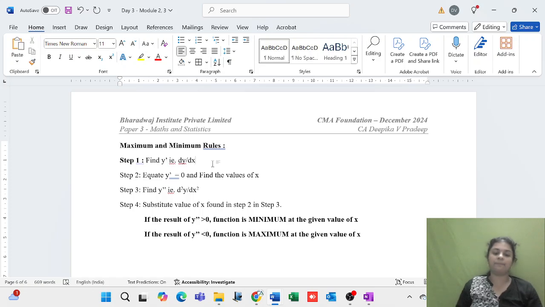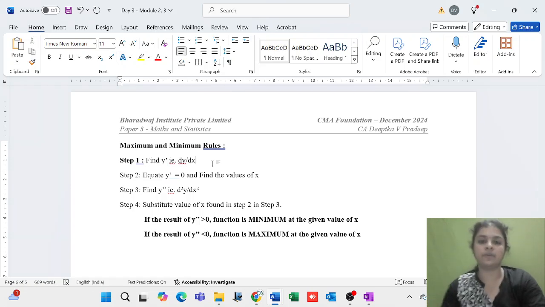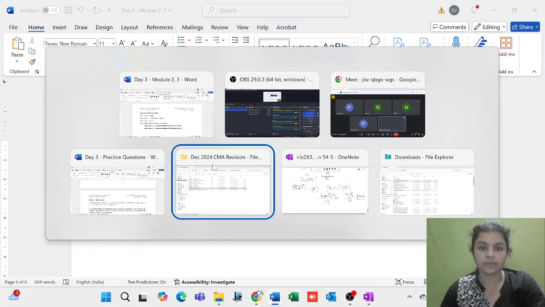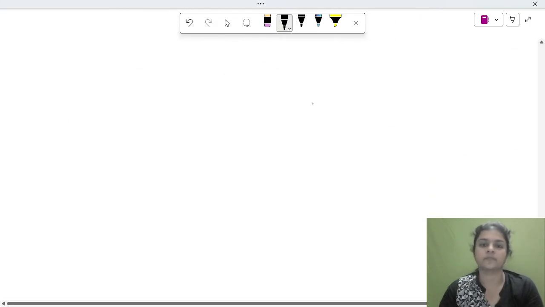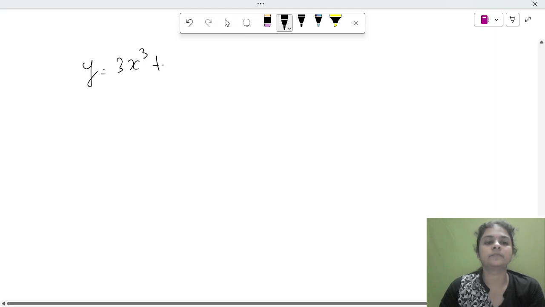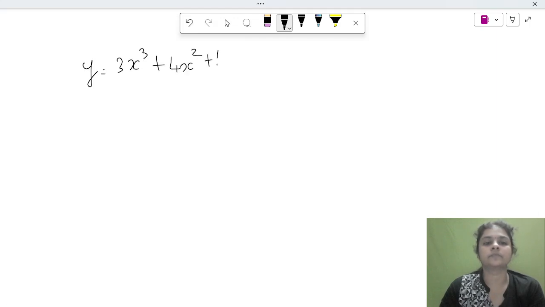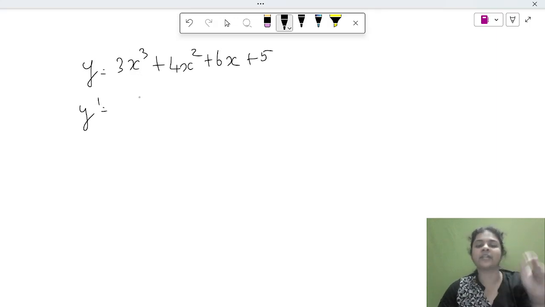Let's take a simple example. Say I give an equation. Now how do we differentiate this equation? y dash is equal to n into x power n minus 1.